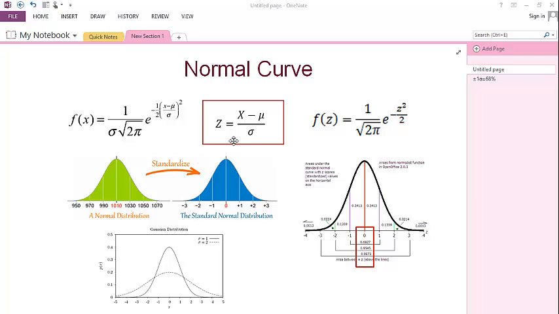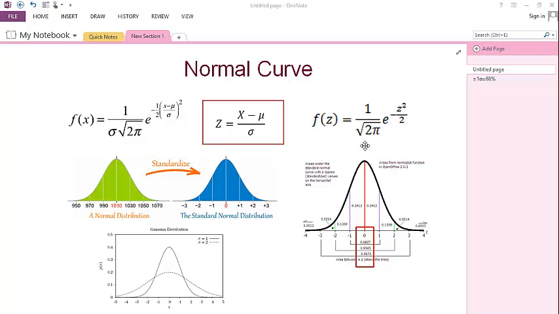And then the mean is set to 0. And we replace what's in the parentheses here with this z value, and we turn it into this equation. So this is the standard normal equation.